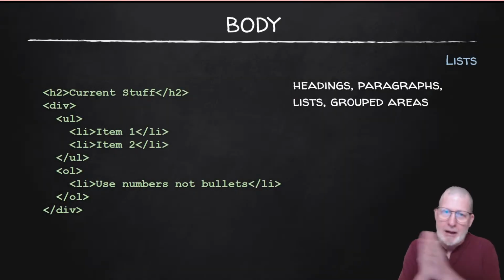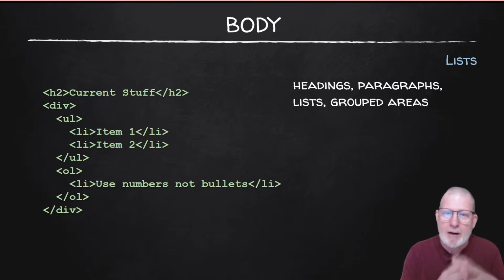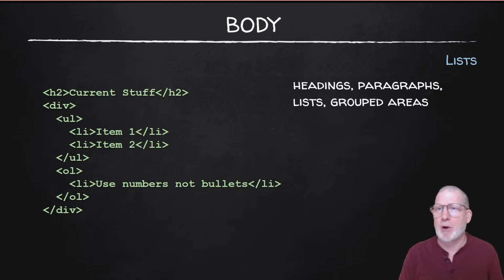We have unordered and ordered lists. Whenever you're making a page, you're likely going to run into some lists that you're going to create. Keep in mind that with the right kind of formatting and styling, you could turn a list into a navigation bar or a menu.